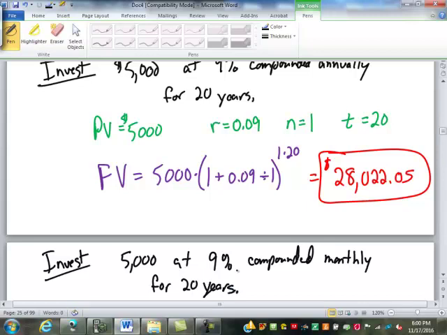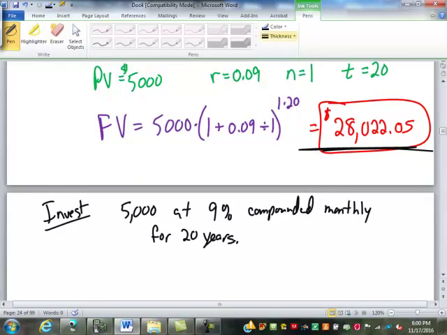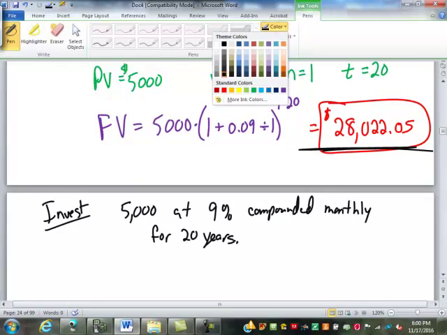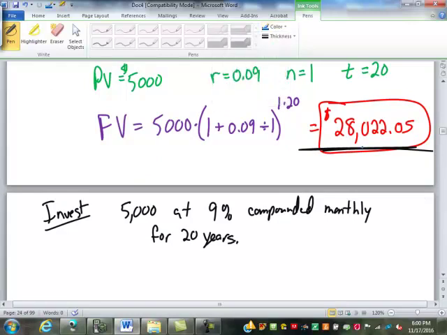Now, before we do anything, do you expect this to be larger or smaller than the 28,022.05? If I'm compounding more often, I will expect it to be larger. So the only thing that's changing here is n.